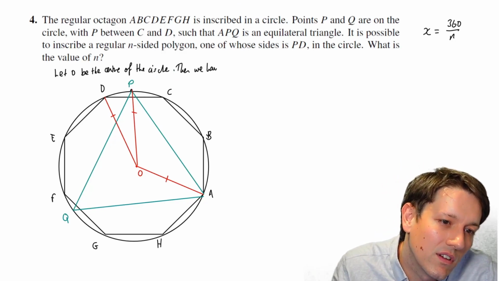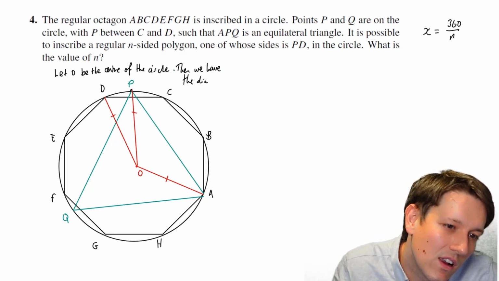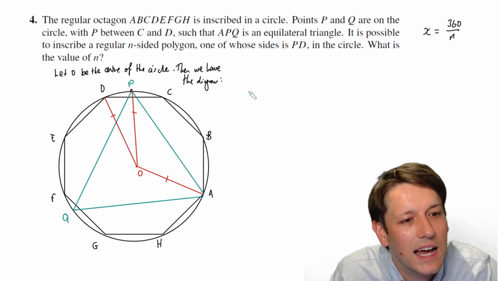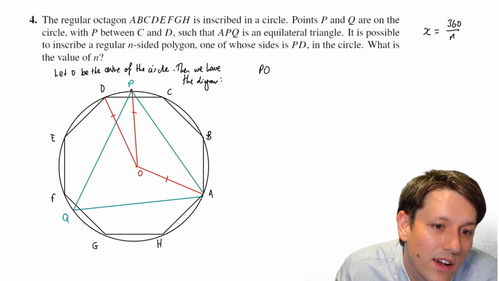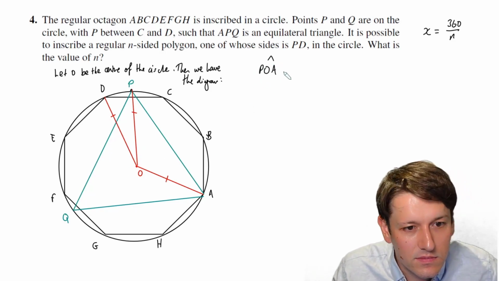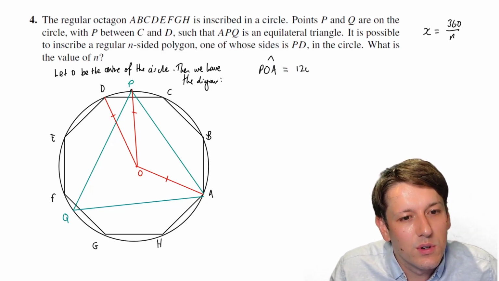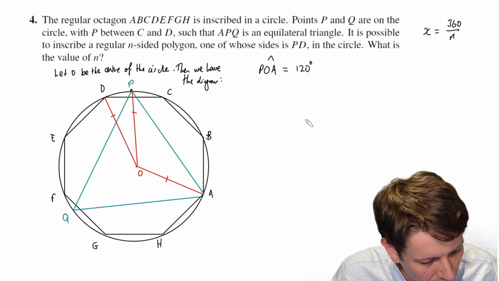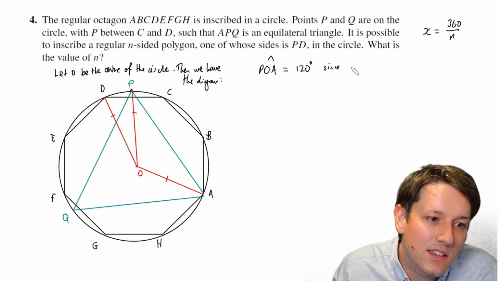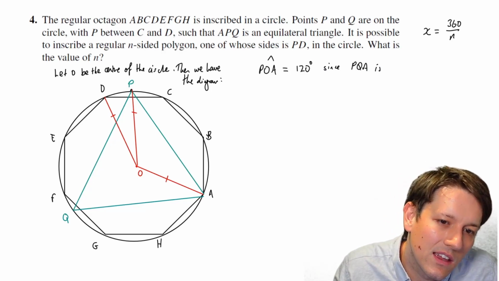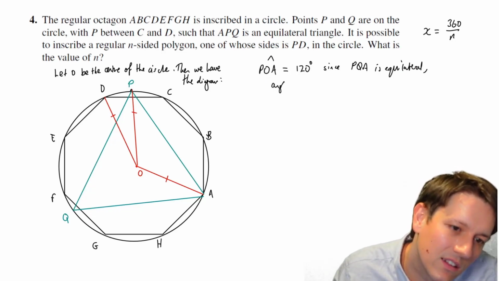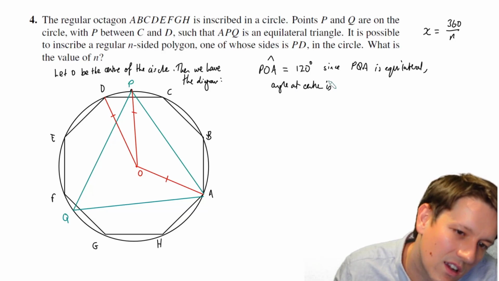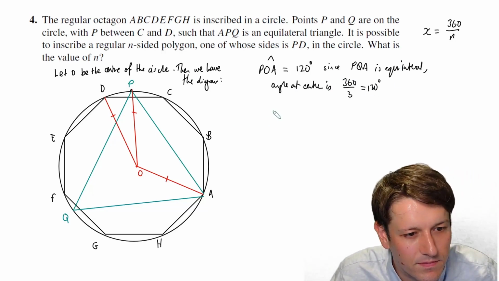And so then we have the diagram here, and we just want to go through all those arguments that we just made. So we're going to refer to angle POA. That's equal to 120 degrees, and we can just say, since PQA is equilateral, the angle at the center is 360 over 3, which is 120 degrees.